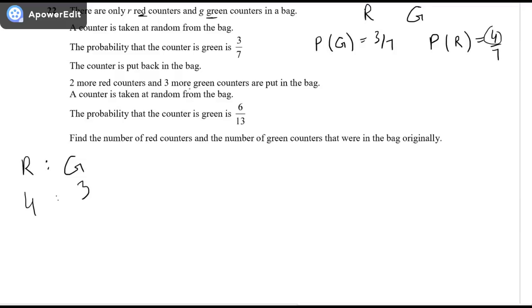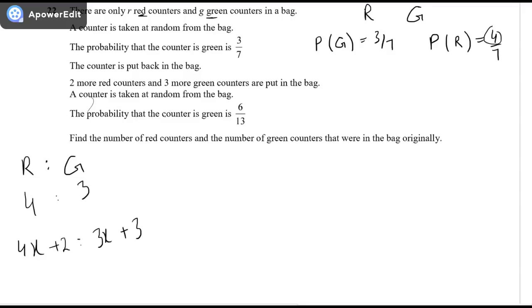Now 2 more red counters and 3 more green counters are put in the bag. So I'm going to use this one again. Let's say this 4 is going to be 4x, so we add 2 more red, 4x plus 2, and for green it's 3x plus 3. Okay, we got these ratios.